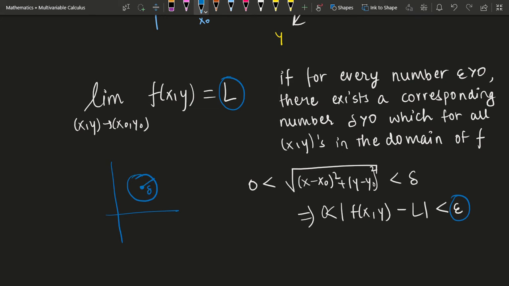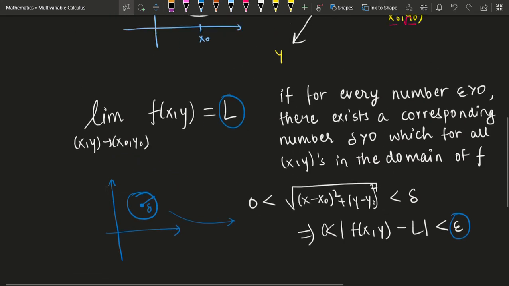And in this case we are saying that it's a disk. So what that means is essentially we are saying that we can get really close to this limit by changing the x and y's that we have.